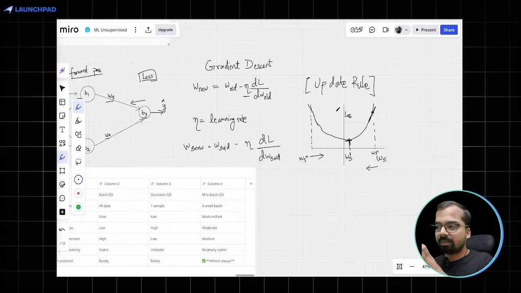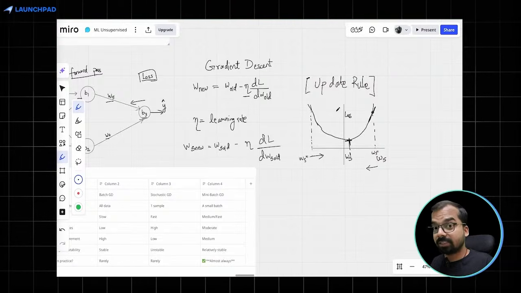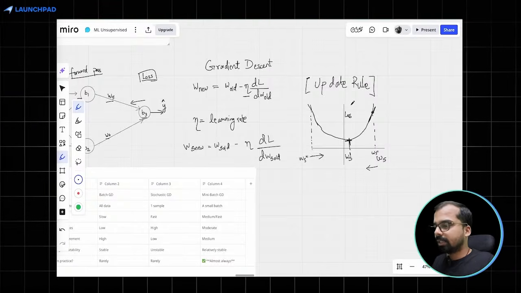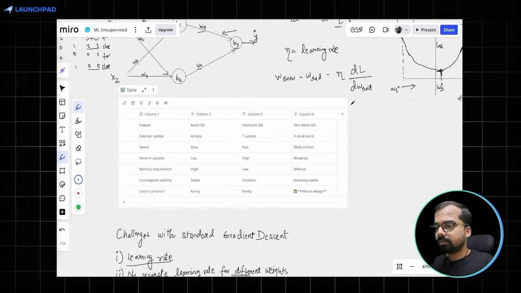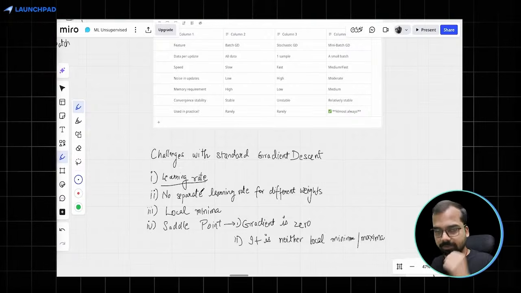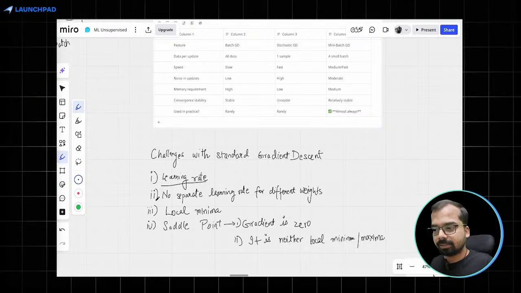So the loss will actually be dependent on those 9 parameters, right? Because those 9 parameters can change. So you will have a multi-dimensional plot, correct? Now it might be possible that you might want separate learning rates for different dimensions, right? So that is not possible in our standard gradient descent.